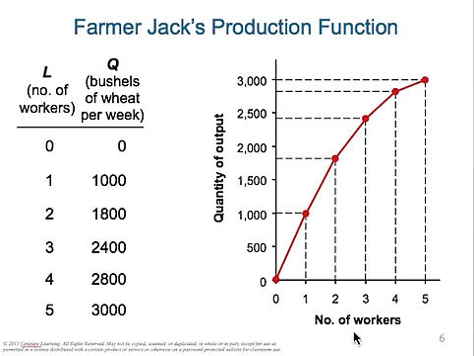So again, the quantity of inputs, i.e. the number of workers, and the quantity of output. That relationship is a production function. At 0 workers, he makes 0 bushels of wheat. 1 worker, he makes 1,000 bushels a week, on up to 5 workers and 3,000 bushels a week. So we have a graphical relationship here. Connect the dots, my favorite childhood game.